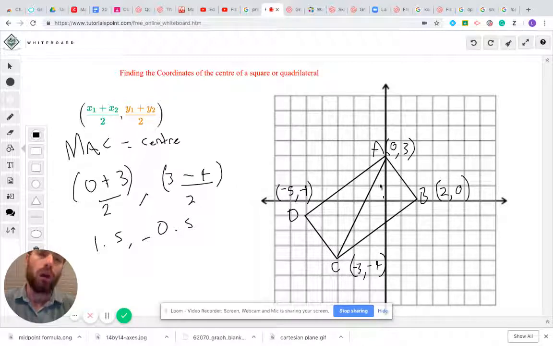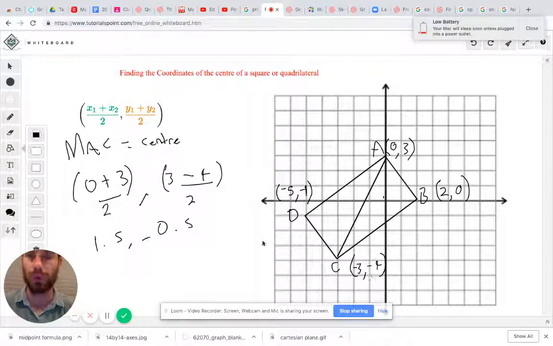But I want you to look very carefully at what I'm doing here. So with this diagonal, I'm going to call A my x1 and y1 coordinate. And then C is going to be obviously my x2 and y2 coordinate. Running out of battery.